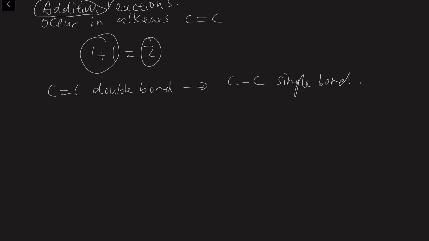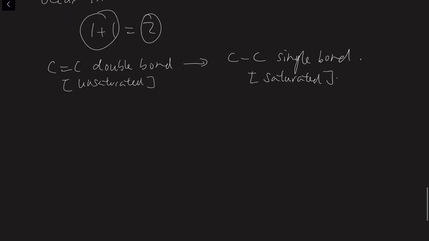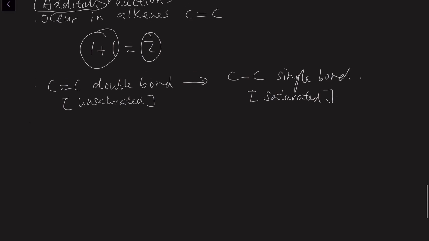You go from something that is unsaturated to something that is saturated. And one of the most important advantages of addition reaction is that we know exactly which molecule will be formed.